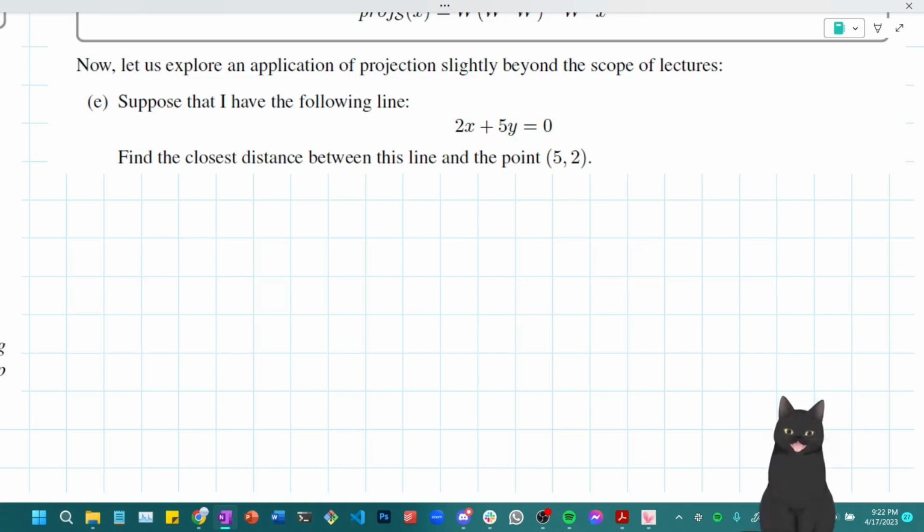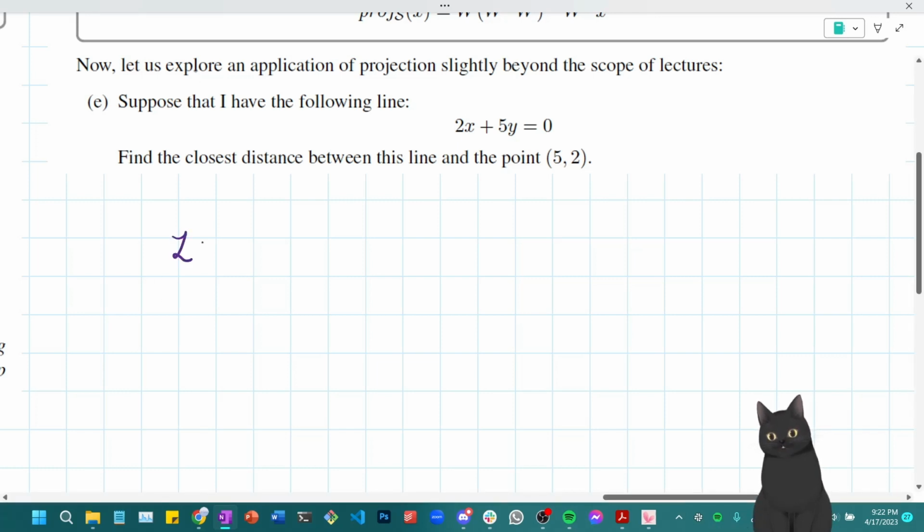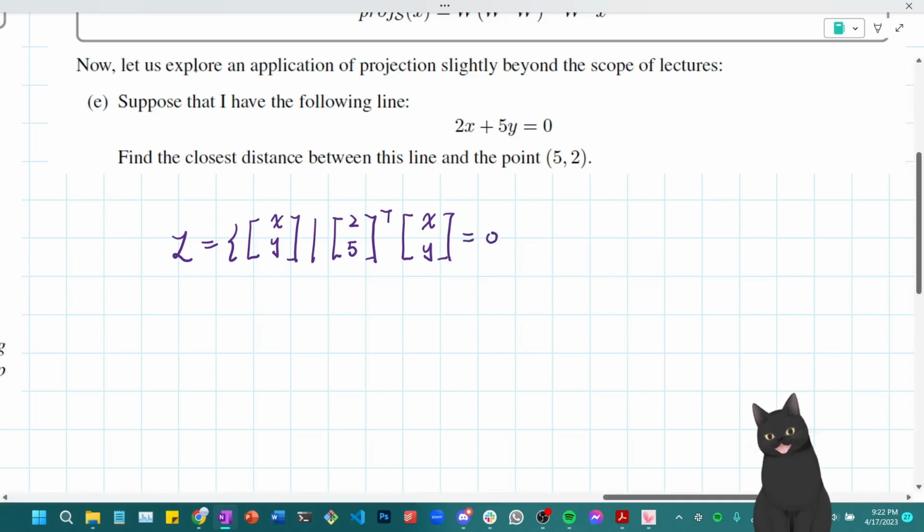which is that this line can actually also be imagined as a set of vectors. Let's say that the line is equal to L, then this is also equal to the set of vectors such that (2, 5) dot (x, y) is equal to 0. And this is what the linear equation says as well: 2x plus 5y is equal to 0.